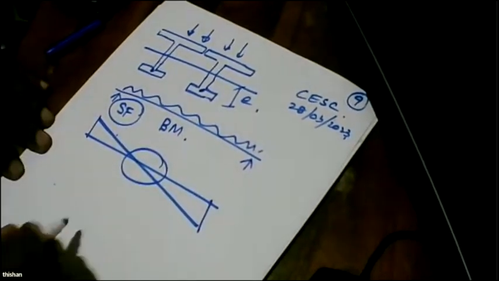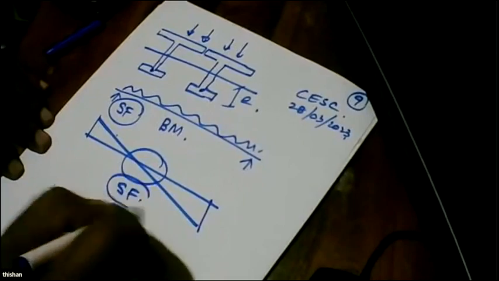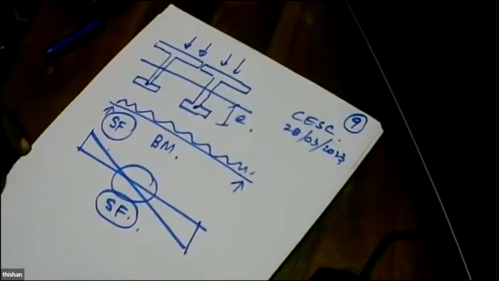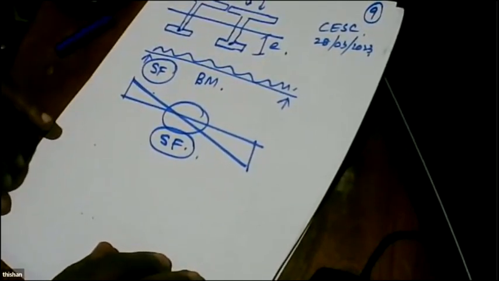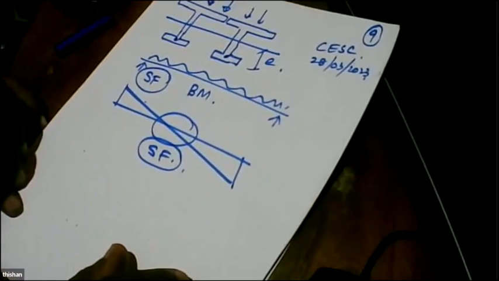So here the shear force is very low. So we don't have to have a big web in the center, but we like to have a reasonable web at the end because we have to resist shear forces. So that is the logic.